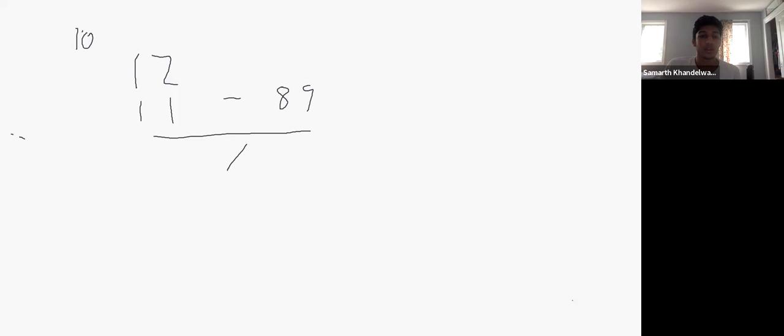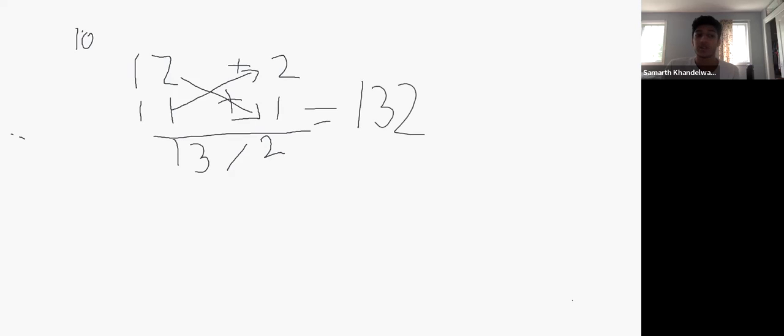So here's how it works if you want to use base 10, because 12 and 11 are near base 10. 12 is 2 greater than 10, equal to 10 plus 2, so this time we write plus 2 here.